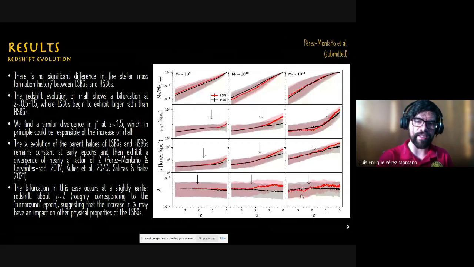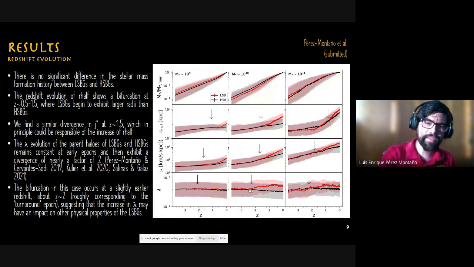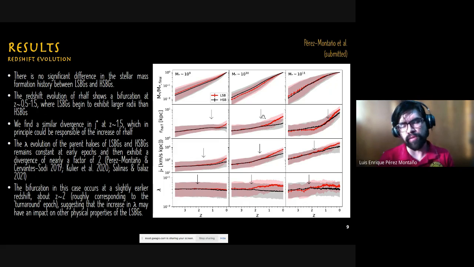We can observe that at high redshift, in these two mass regimes, the spin parameter is very similar between LSBGs and HSBGs, and then the evolutionary tracks diverge from one another. The first parameter that changes is the spin parameter, and the changes in the spin parameter affect the evolution of the angular momentum and also the extension or the size of these galaxies.